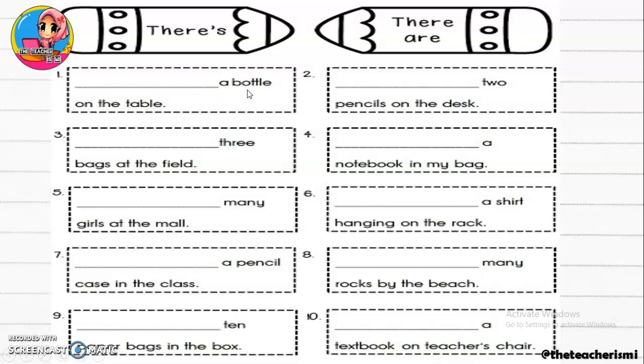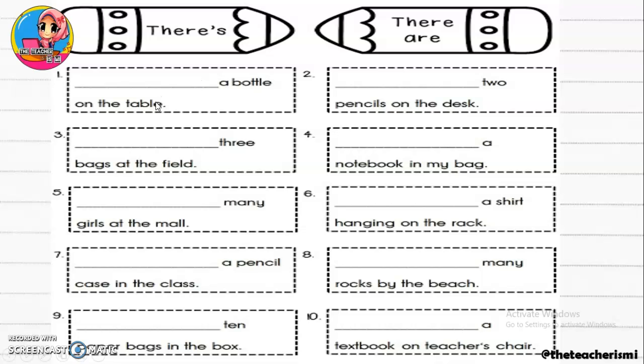Okay, number one, a bottle on the table. A bottle on the table. Botol, botol lah dalam bahasa Melayu. On the table, di atas meja. Okay, number two, two pencils on the desk. Okay, we have two. I know you know what is two, right? Pencil, pencil macam biasa. On the desk. Desk ni pun meja. Meja macam kat kelas kamu.